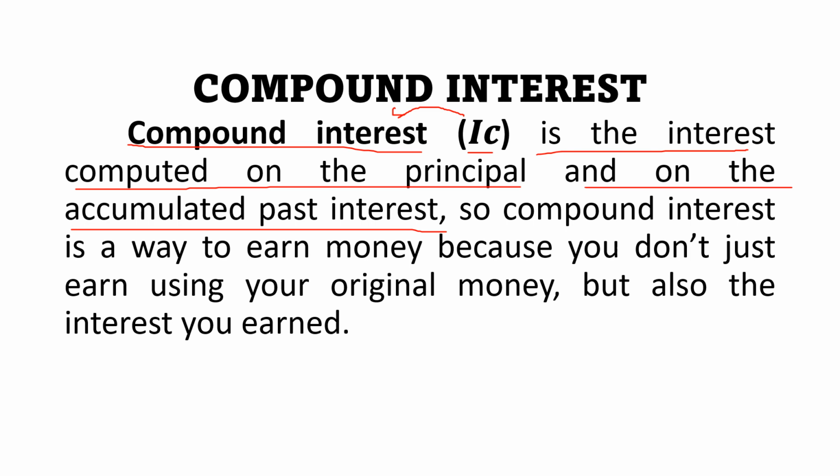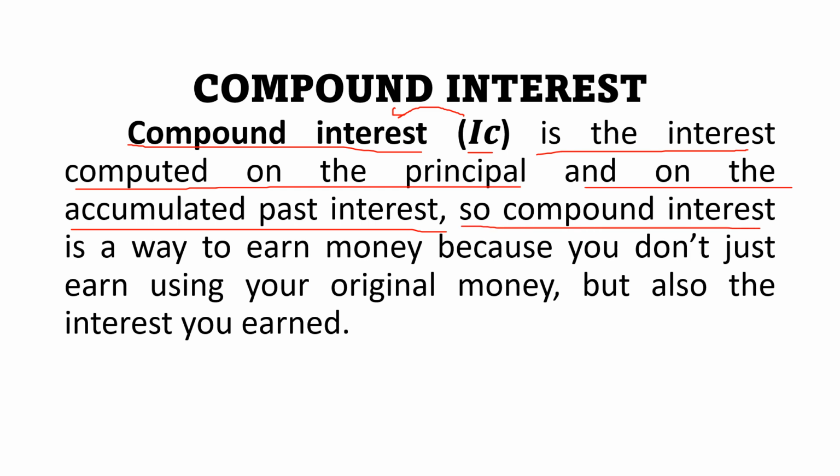For example, if we're asked to compute the compound interest for the second year of payment, your principal in your second year is your principal plus the interest applied on it during your first year of payment. That will now be the value of your principal in your second year of payment. That's why we define compound interest also as an interest on interest. It is an interest on interest that is being applied to your principal.